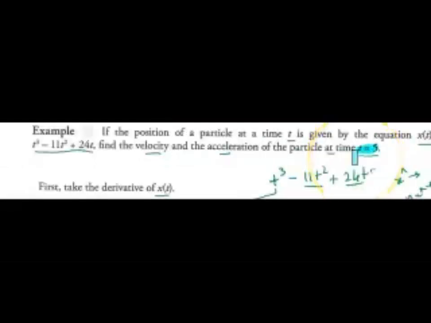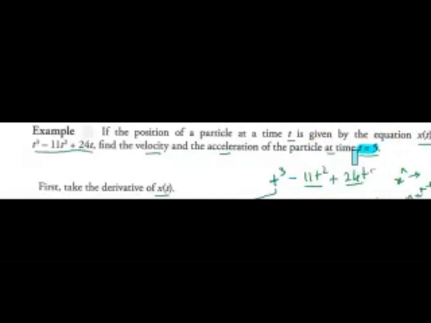Remember, this first derivative of x of t, the position or displacement, is nothing but the velocity at time t. Now, what time is given? t equals 5.